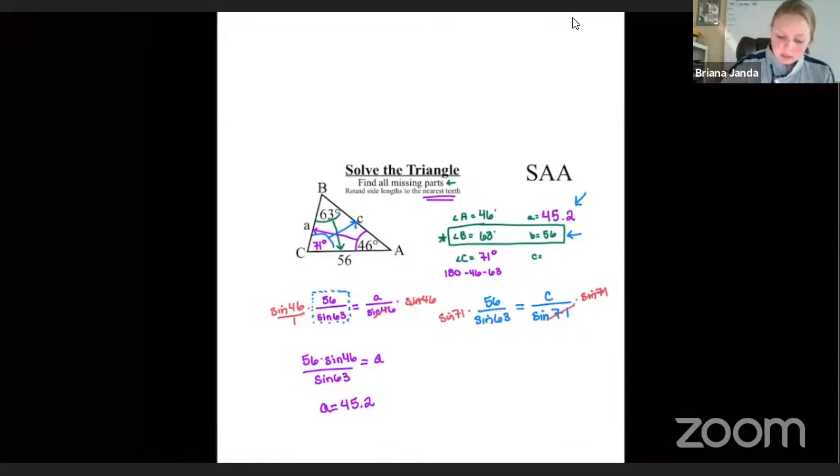I'm going to go to my calculator and type in that fraction, 56 times sine of 71 divided by the sine of 63, and get my last answer. Typing this into my calculator, we should be getting 59.4.